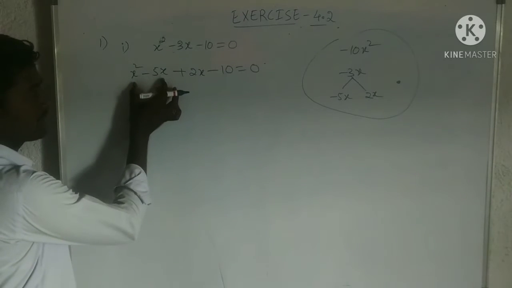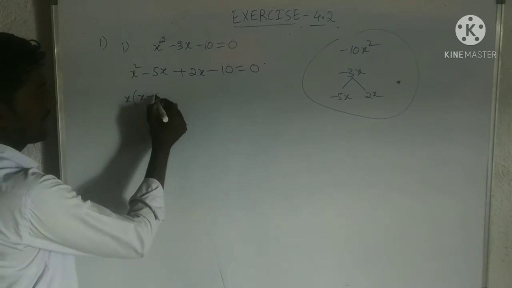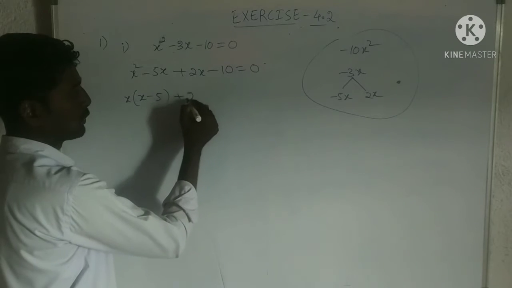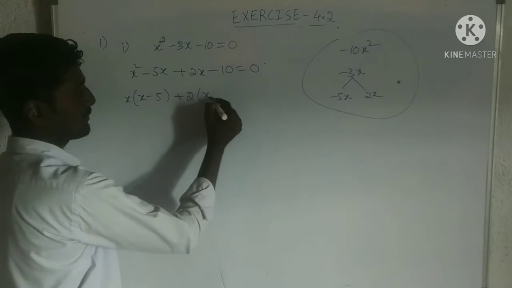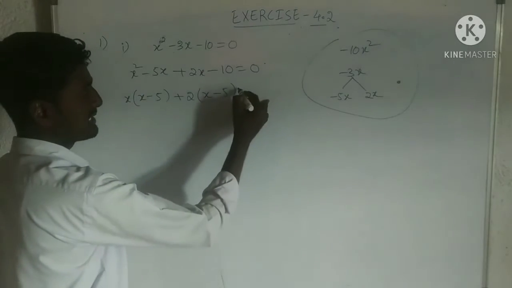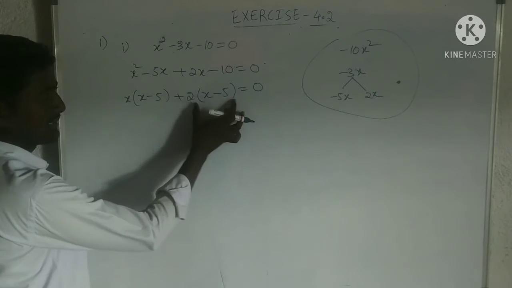In these two terms common is x. Inside what will be there? x minus 5. In these two terms, I can take plus 2 common, x minus 5. See here, both sides x minus 5, equal to 0. This is one term and this is another term.